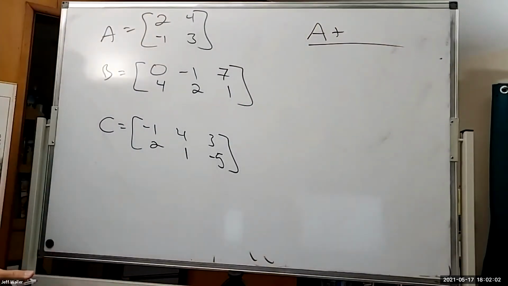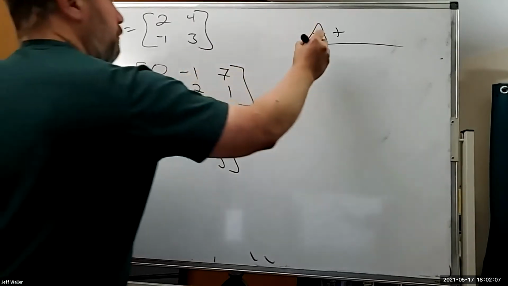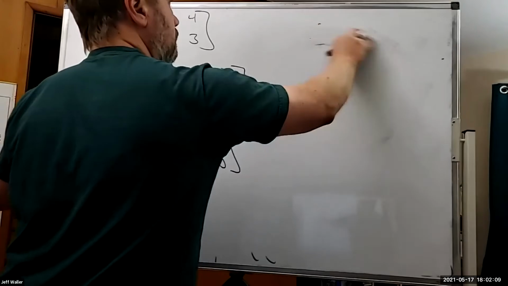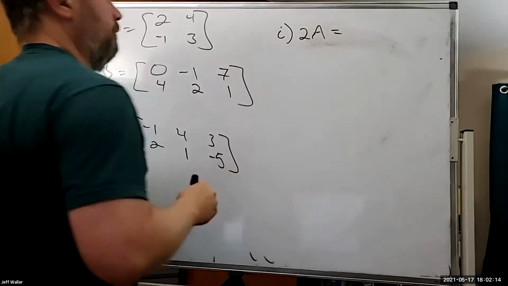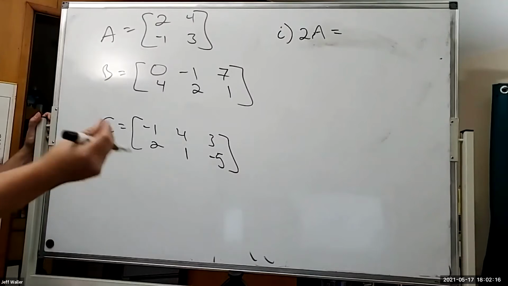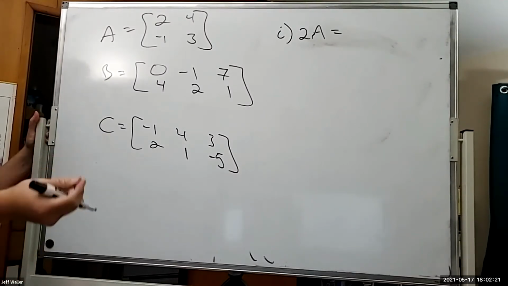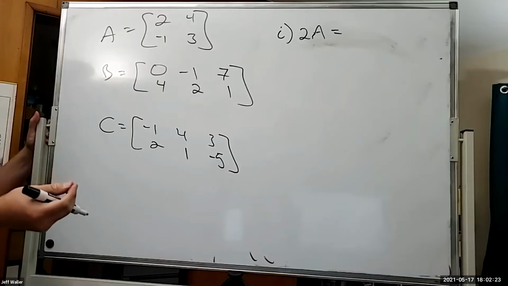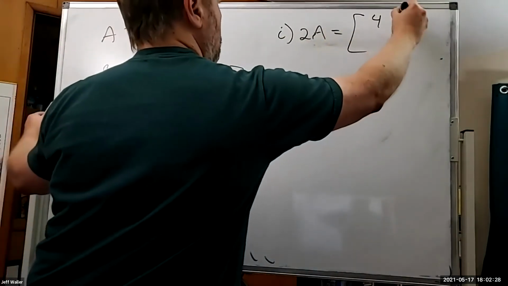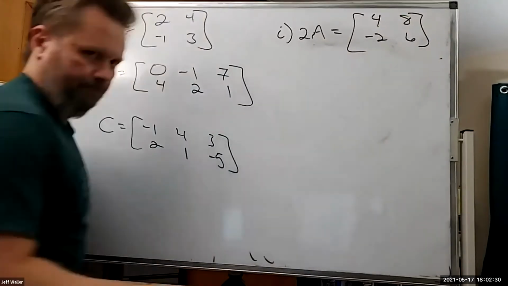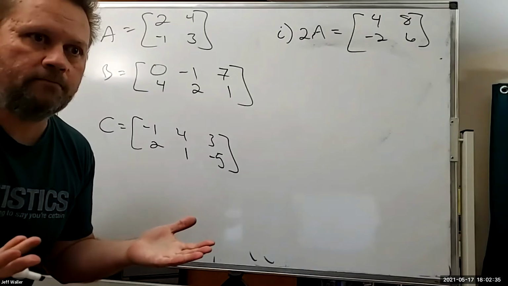Can I do A plus anything up here? No, I can only do A plus A, which is kind of silly. What's 2A? What's your gut tell you? Multiply by 2. Yeah, so then you're going to get 4, 8, -2, 6, right? You guys with me? Because 2A is A plus A.